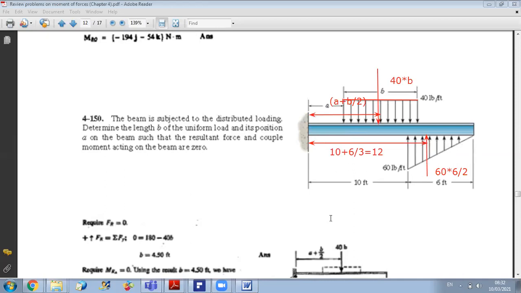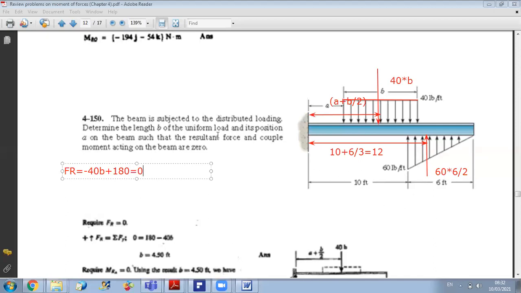Okay, now once I reduced my system, I will write the expression of the resultant force and the resultant moment. First, F resultant is equal to minus 40B, which is the rectangular load, plus the triangular load, which is 30 times 6, which is 180, so plus 180, equals 0.